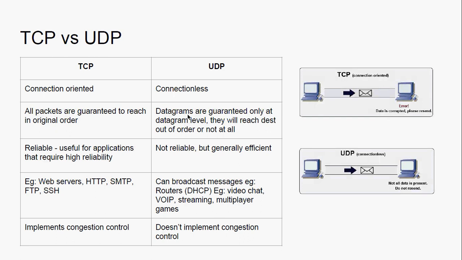So yeah, when I say out of order, it's not that the whole communication will be out of order. There could be multiple intermediate nodes between your sender and destination.